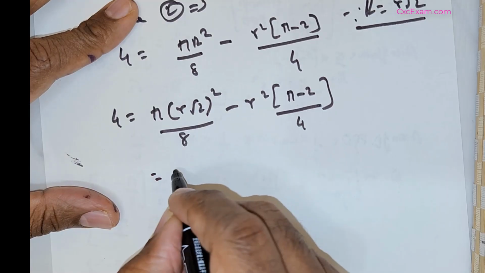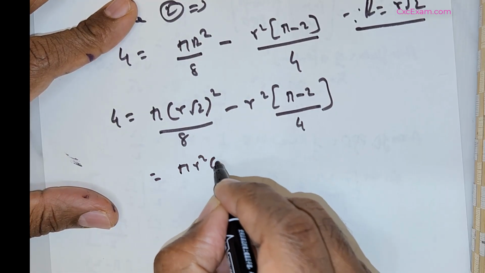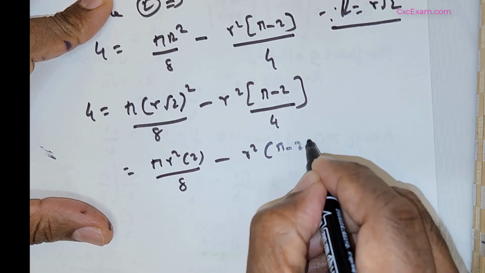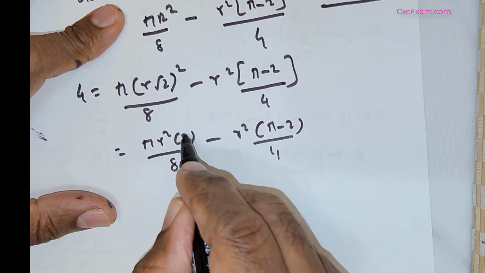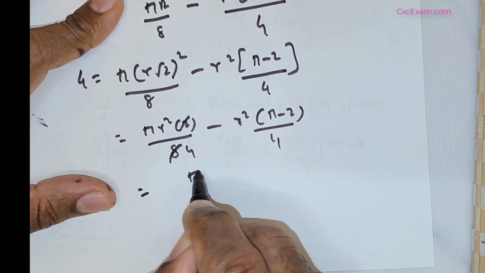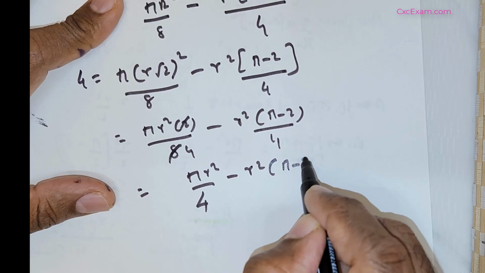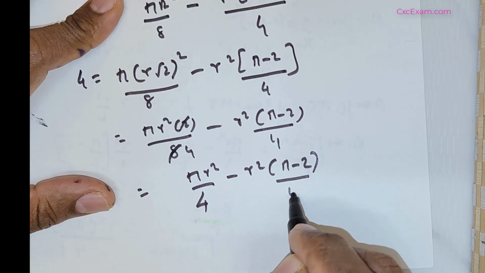This gives pi times R squared times 2 divided by 8, minus R squared (pi minus 2) over 4. This simplifies to pi R squared over 4 minus R squared (pi minus 2) over 4.